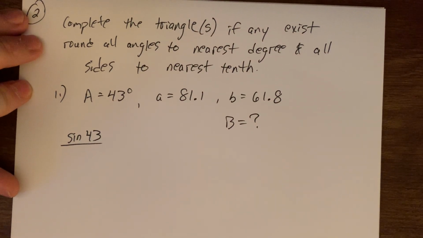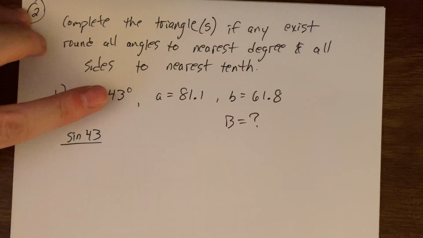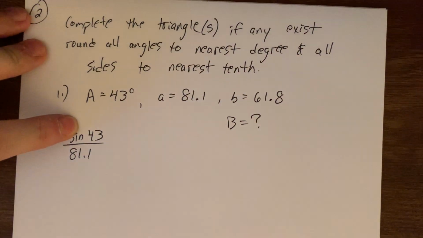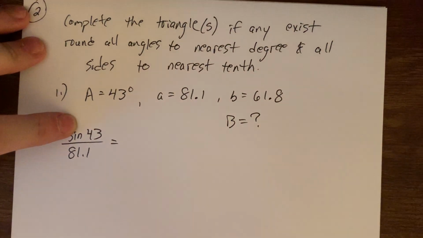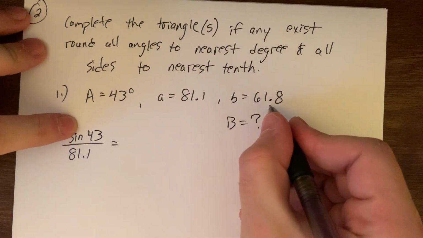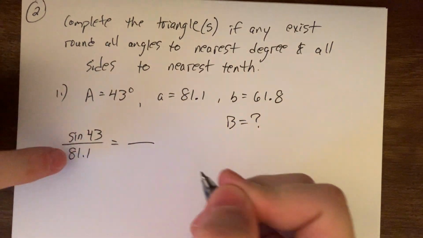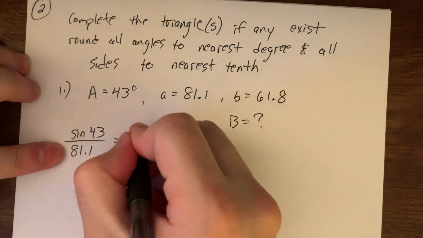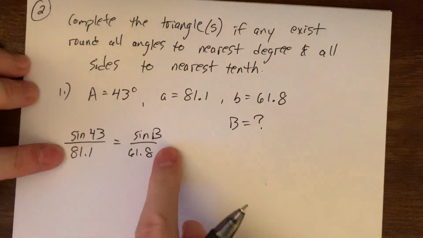The angle and side that go together. So sine of angle A over side A equals, and now I know side B, and that has to go down here. My proportions have to be set up the same way, and sine of B will go up here.